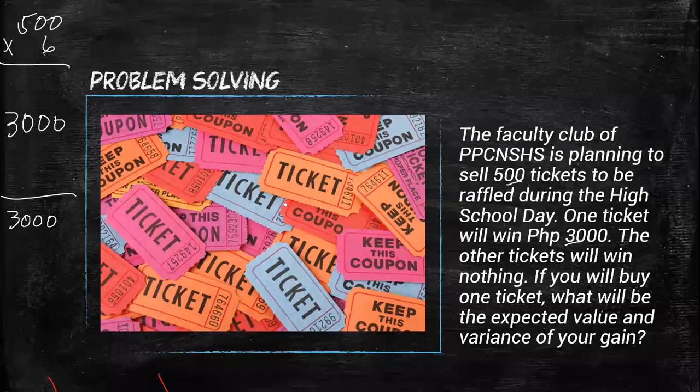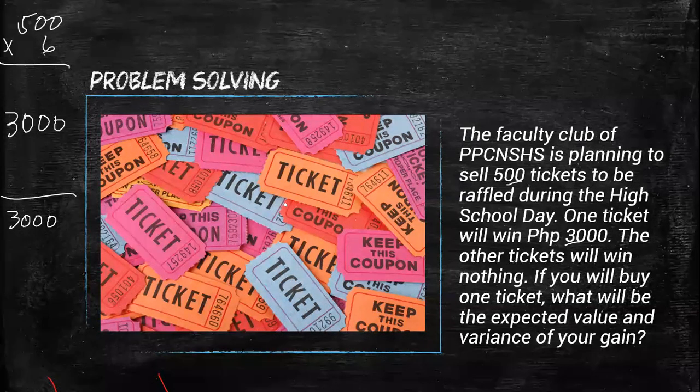Magdi-distribute tayo ng ticket, and syempre hindi lang naman yung ticket yung gagastusan natin. So dapat medyo malaki-laki pa. So kunwari 10 pesos, makakatubo na tayo ng 2,000. O bahala kayo kung magkano, kung 20, kung 100.